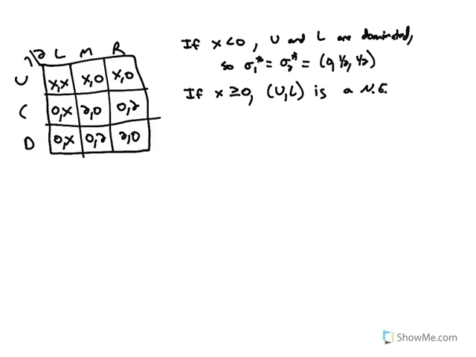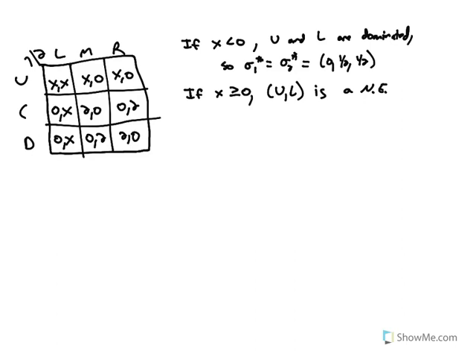So imagine x is equal to 1, and I'm player 1 and I play U. Then if I'm playing U for sure, player 2 would get 1 by playing L and 0 by playing M or R. So clearly she has a strict best response of playing L. And that's true for any x greater than 0.